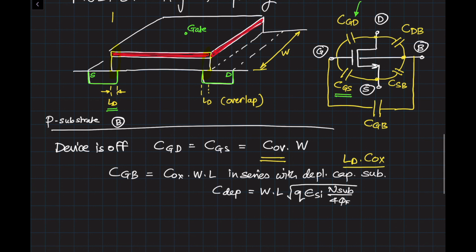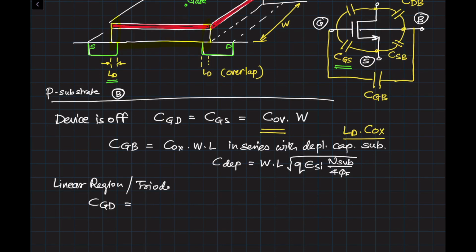Now, when the device is in the triode region, or the linear region, let's see what happens. When the device is in the triode region, we are going to get a channel under the gate. And then we say that the capacitance from gate to source and gate to drain is equal, and we allocate this channel capacitance half and half to either side.